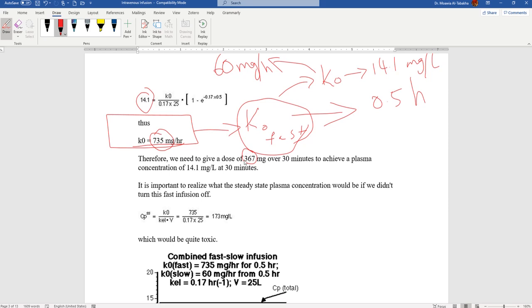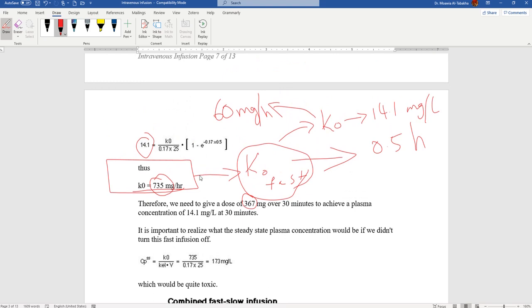So now we learned about the two ways. But what happens, my question? Let's suppose that someone, Amira or Sally or Sarah or Judy, etc., operated this infusion, 735 milligram per hour, and then they left for a weekend, while this is infused into the patient.